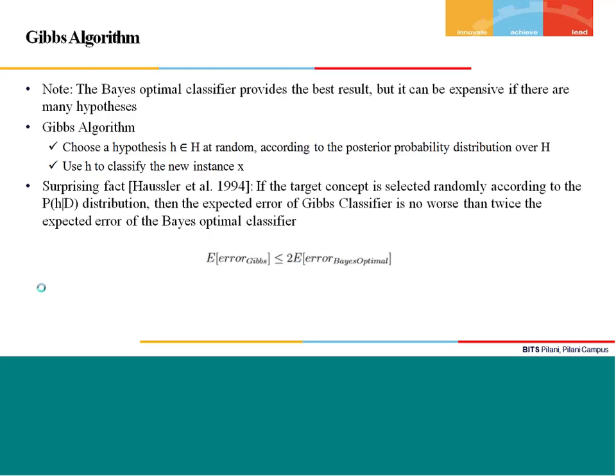H1 has a 0.4 probability. So with 0.4 probability, H1 is saying it is positive. Now I go to H2. It is saying it is negative. And what is the occurrence of H2? It is 0.3. So with 0.3 probability it is saying negative. Take that same example and go to H3, and H3 is saying it is negative with 0.3 probability.